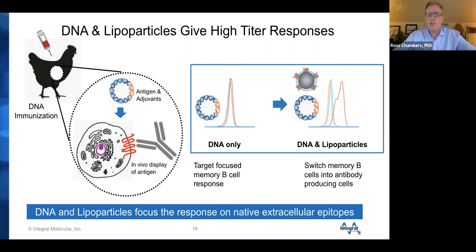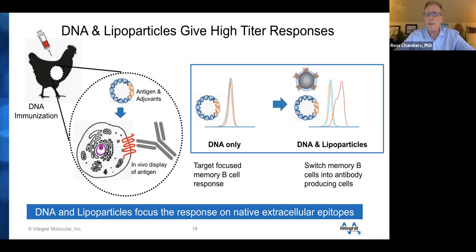Now, one of the tricks that we've discovered over the years with DNA immunization is often you don't always see a titer after immunizing with DNA. I mean, sometimes you do, but in many cases, you do not see any titer. However, underlying that there almost always is an underlying memory B cell response. So the animals have responded to your antigen, but just laid down memory B cells and not produced antibody.